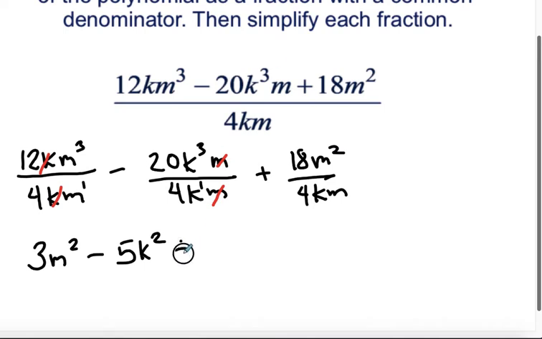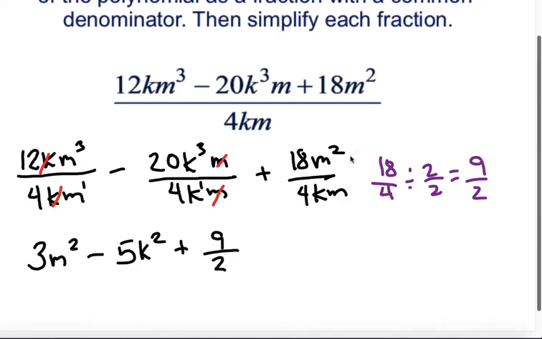Let's continue with our last term, plus 18 over 4. 18 divided by 4 does not divide evenly, so I can reduce it by 2. 18 divided by 2 is 9, and 4 divided by 2 is 2. That's where I get my 9 over 2. Now I want to talk about this k in the denominator.